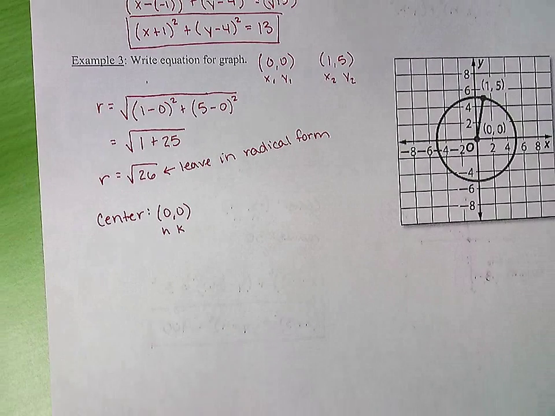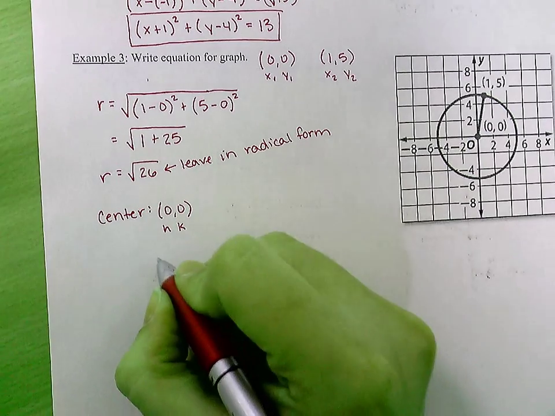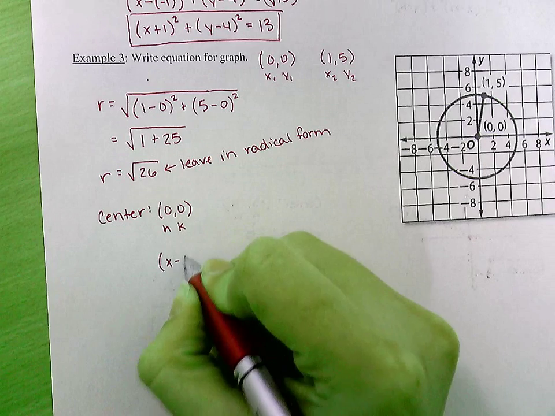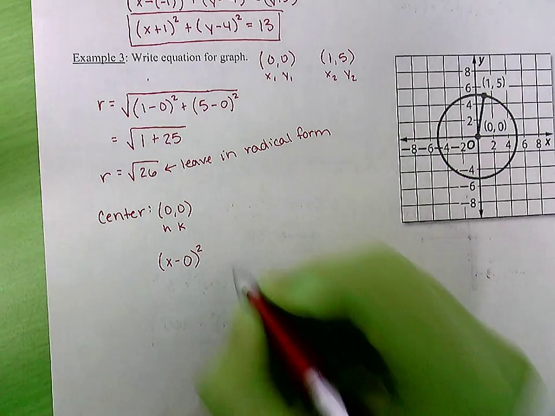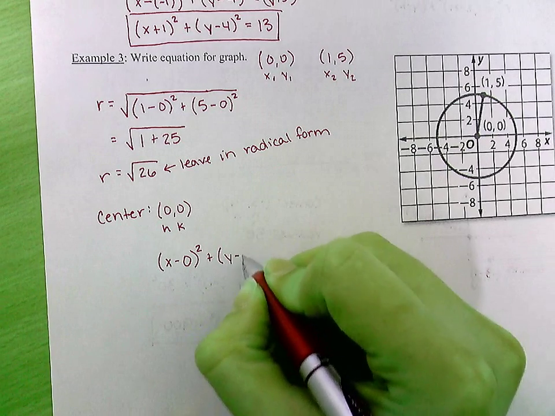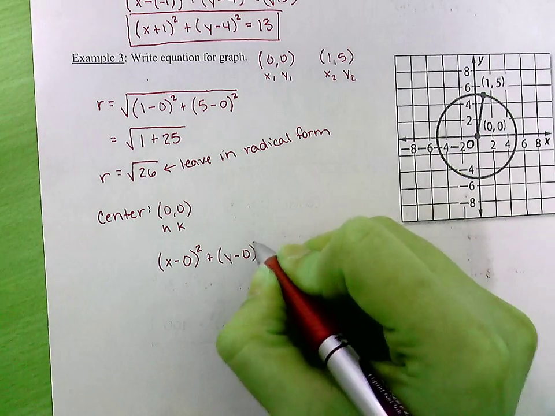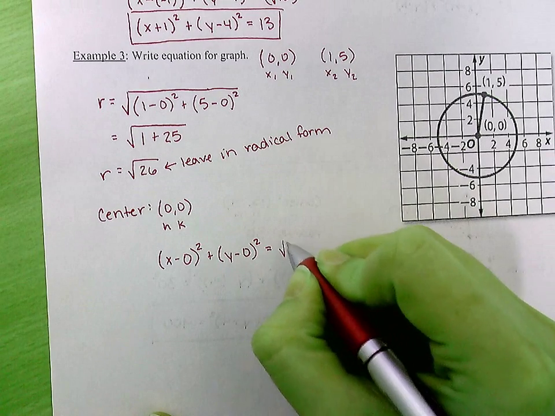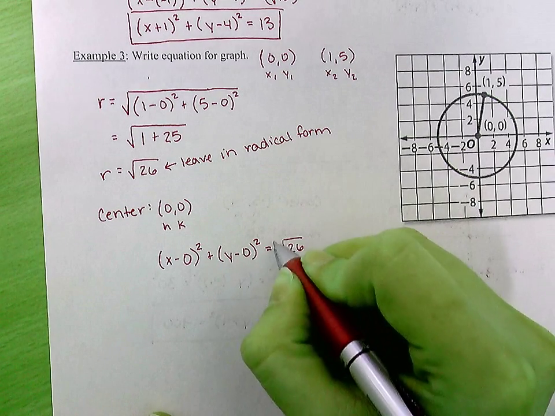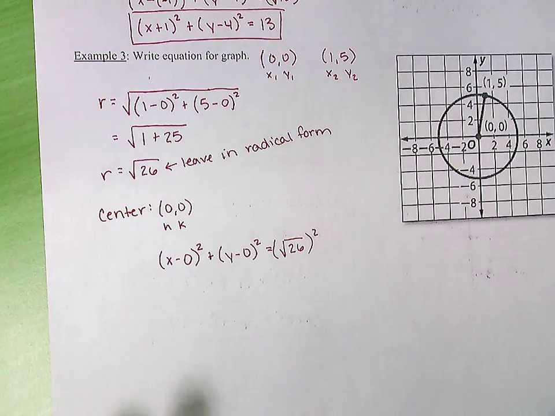So I can use that form from the front and plug in my values. We'll have x minus h, which is 0, squared, plus y minus k, which is again 0, squared. That is equal to our radius, square root of 26, squared.